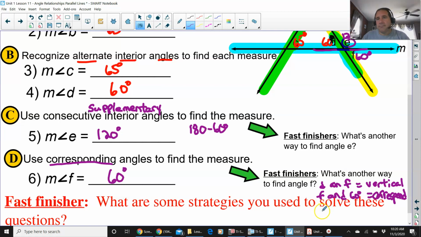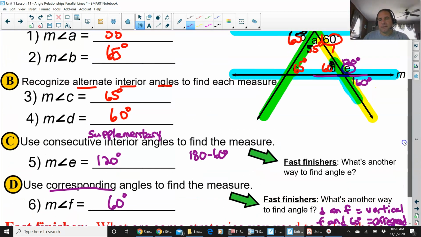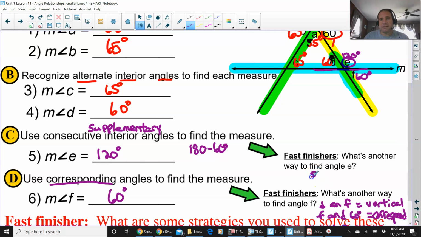And you could put E and F as supplementary. E supplementary to D. And that's about it.